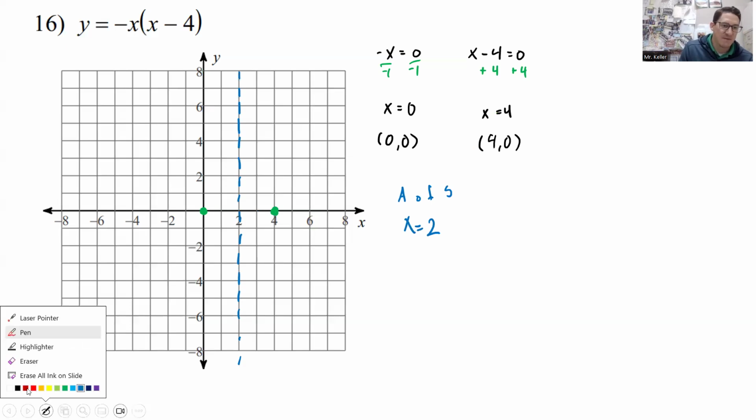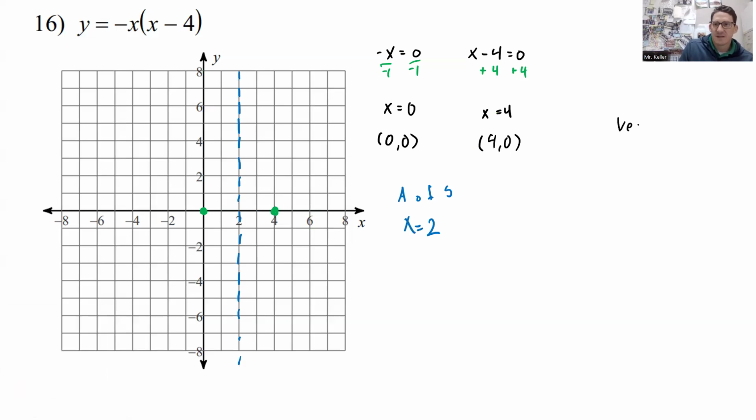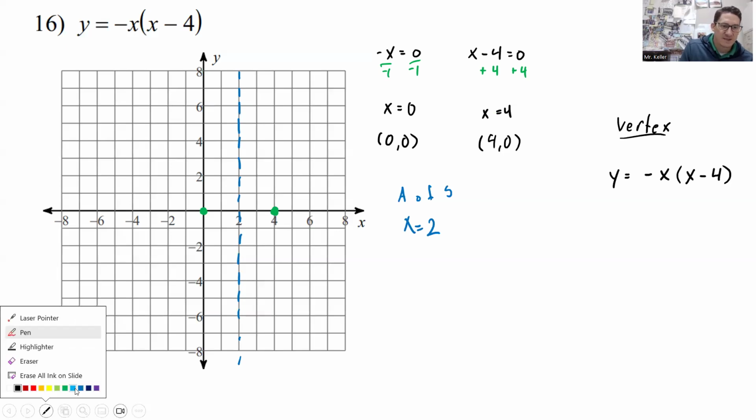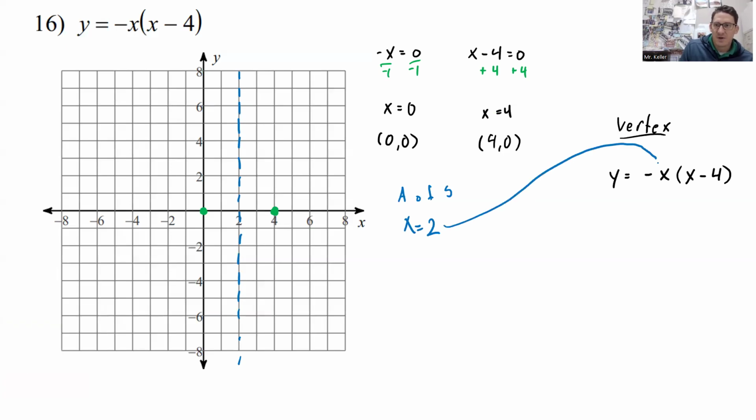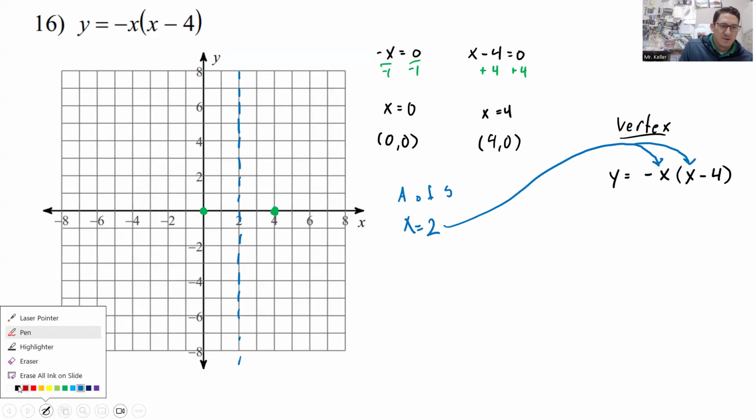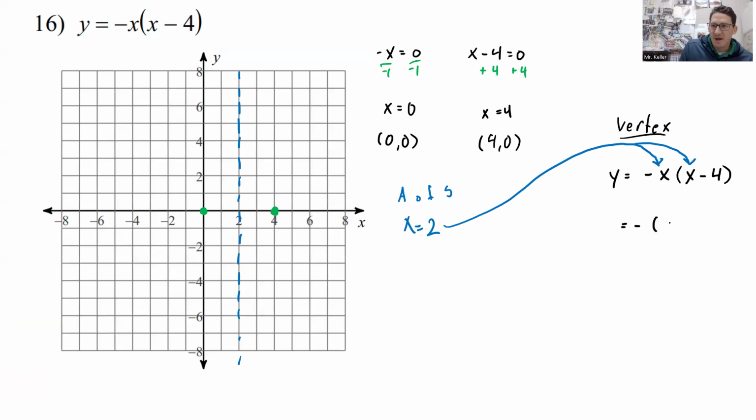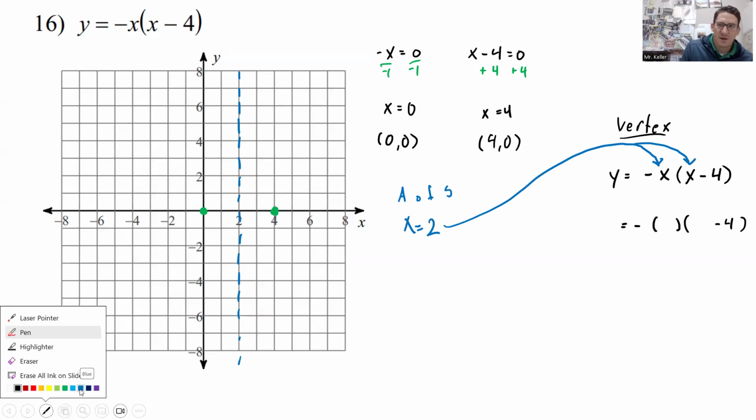And now the vertex is going to be along that line somewhere. So to find the vertex, start with the original equation. And the 2 from the axis of symmetry is going to go into both of the x's in there. So it's going to be negative x times x minus 4, and replace those x's with 2.